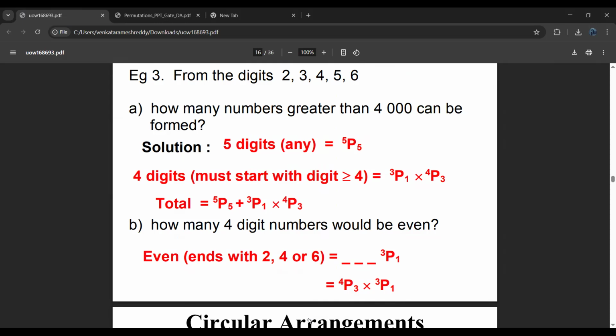Next, out of four blanks, we arrange the remaining things in the remaining blanks. It means in 4P3 ways. So the total is 5P5 plus 3P1 plus 4P3. These are the possible solutions.